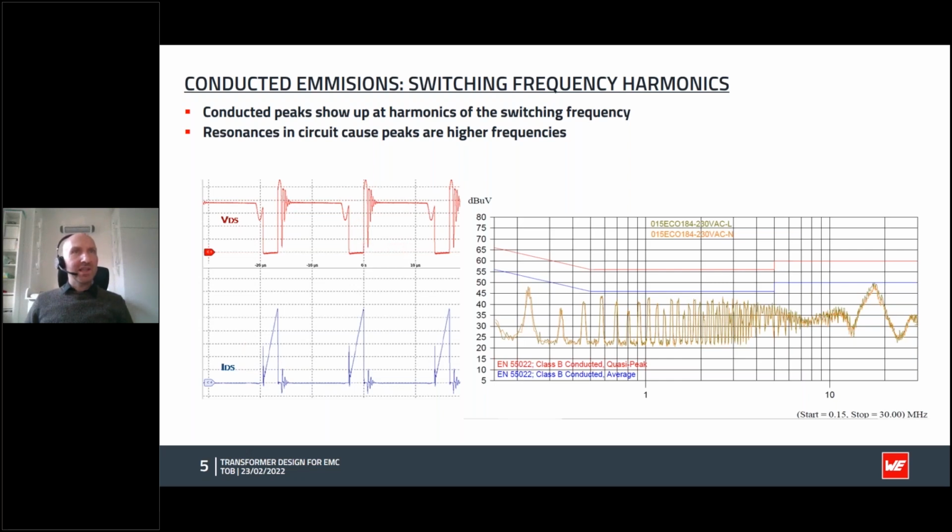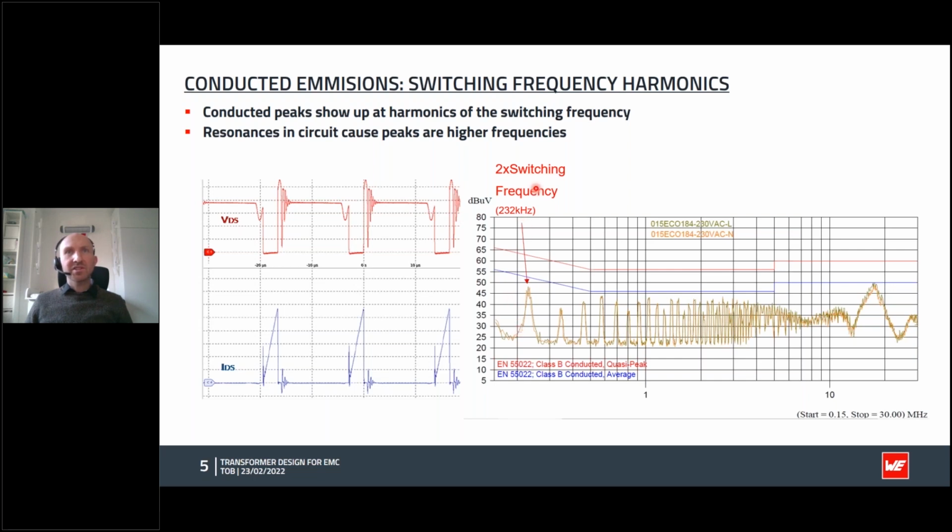This fundamental switching frequency, we can see in the conducted emissions plot here. Actually, this is switching at 116 kilohertz. And then if we look at the frequency spectrum, or the plots from the EMC analyzer in the conducted emissions lab, we can see peaks at every multiple of the fundamental.